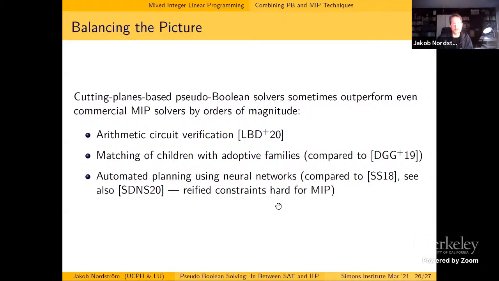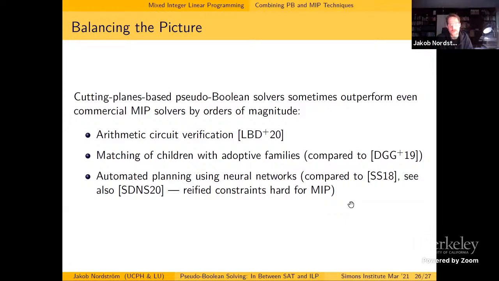Some people in Glasgow are doing matching problems for children with adopted families. Apparently, they take the same problems and they run our solver instead. It's an order of magnitude better than the MIP solvers they used. Another nice application area, which might be interesting for people who work on this, is neural networks, in particular binarized neural networks.